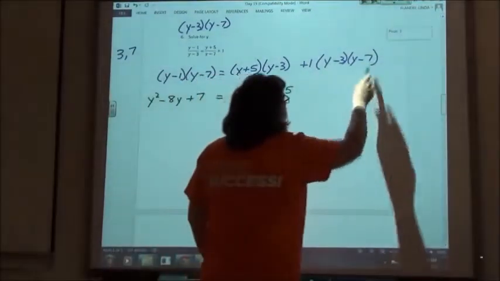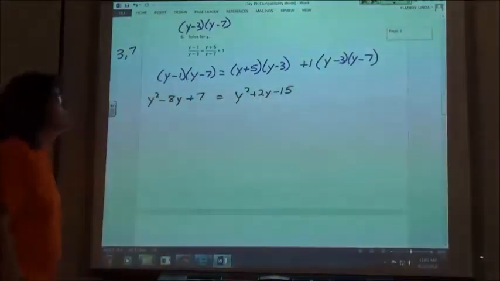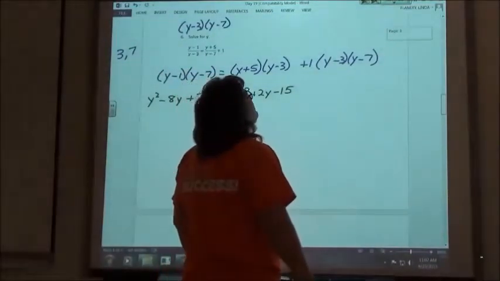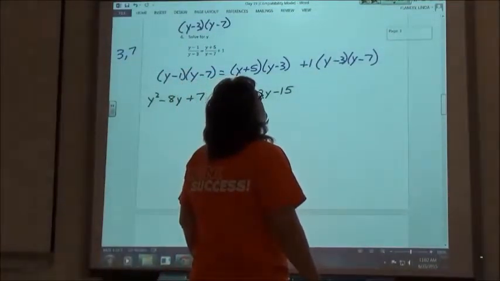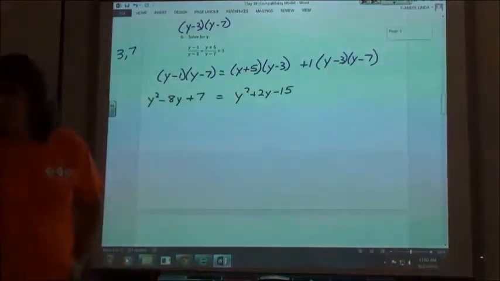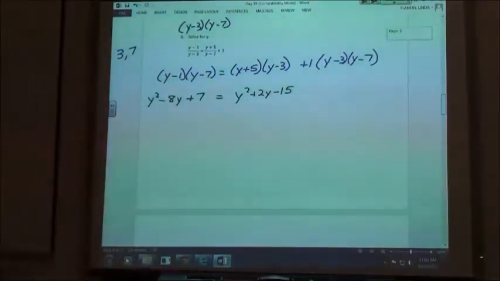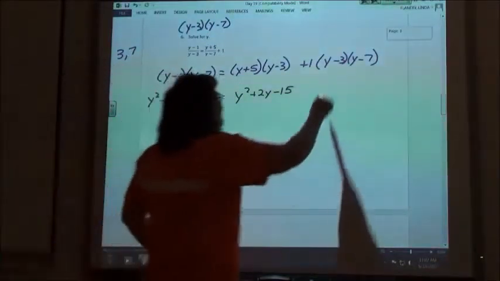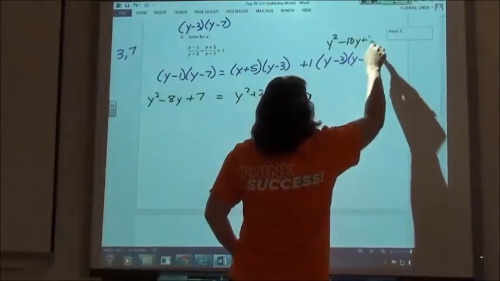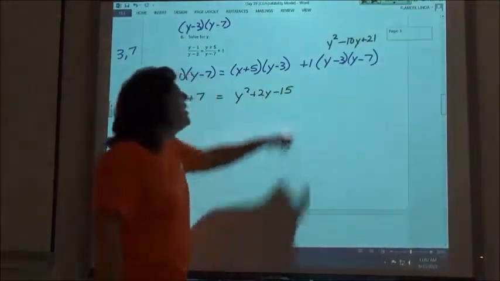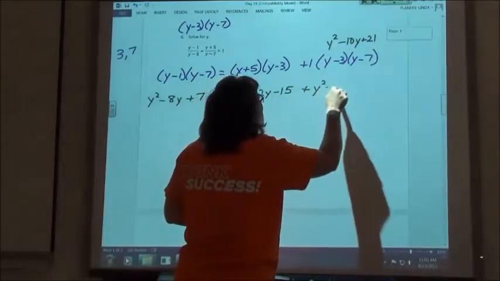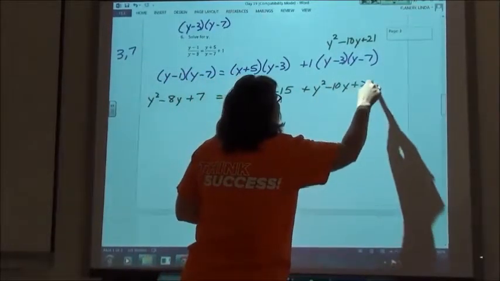And if I FOIL this part out, I'm going to get y squared minus 10y plus 21. I'm making Gavin do all the work. I'm going to multiply it by a plus 1, so that's not going to change much. Y squared minus 10y plus 21.